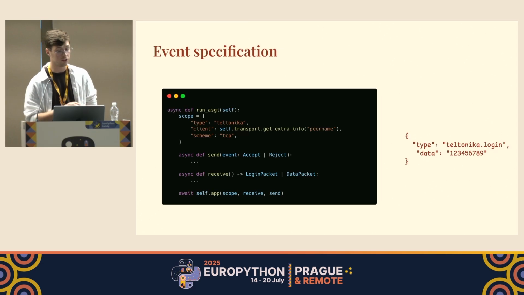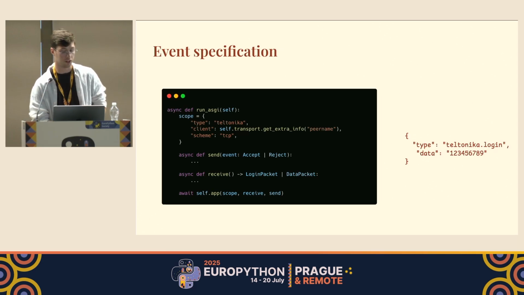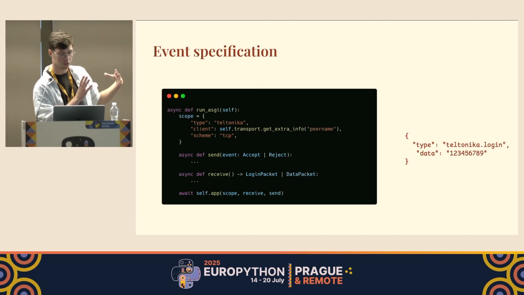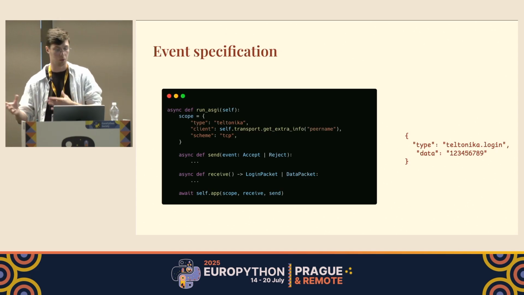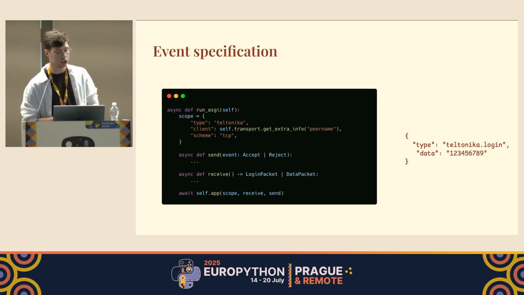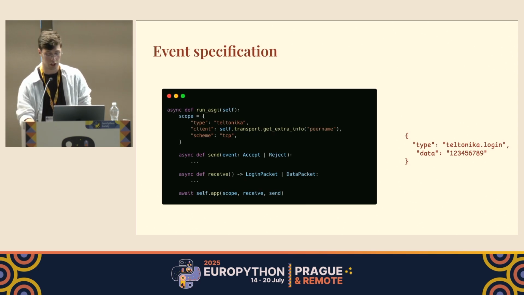For example, my receive callable will be returning to the application the login packets and the data packets, and for send, I will actually implement the side for the protocol server, what we need to do when we receive some events from the application. And we start our application by running self.app and providing these 3 parameters: scope, receive, and send. You must already notice that our application conforms to the standard we discussed before for ASGI.